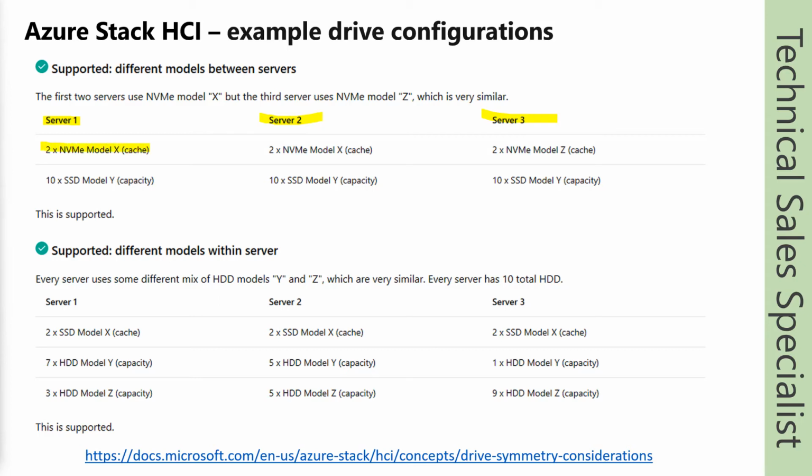Then it's clear each server needs 2 NVMEs. But what we can see here, the NVMEs are different. Server 1 and 2 have model X, and server 3 has model Z. So each server also has 10 SSDs, and the SSDs are identical. So we have the difference here in the cache drive.